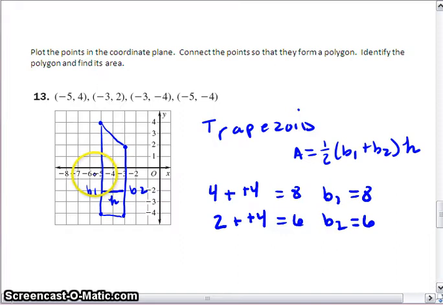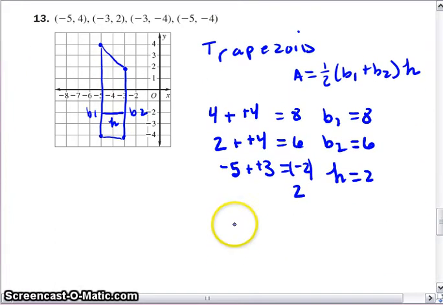Alright, my height goes on my x-axis. That goes from -5 to -3. So -5 minus -3, if I add my opposite, I get -2, but it's the absolute value of that. So my height equals 2. Now I have the information I need to solve the problem. Area equals 1/2, base 1 was 8, plus base 2, which was 6, times the height, which was 2.